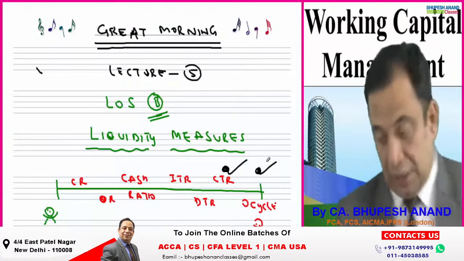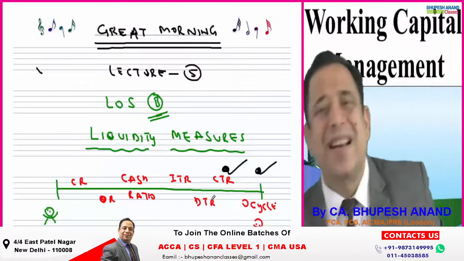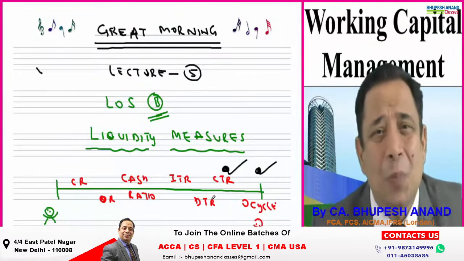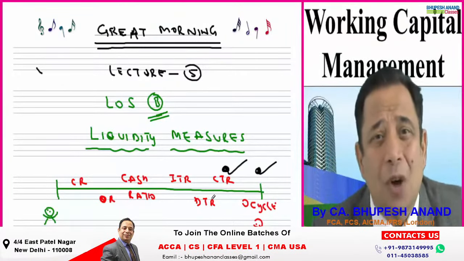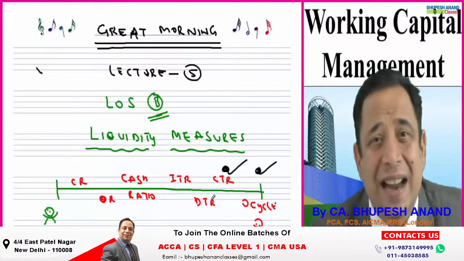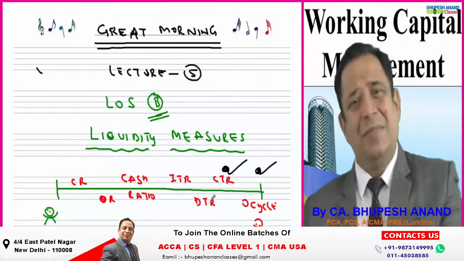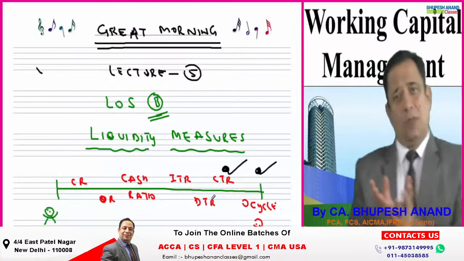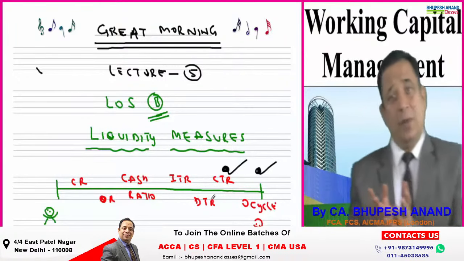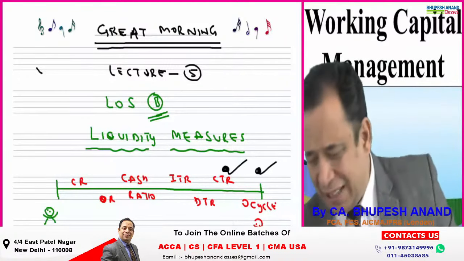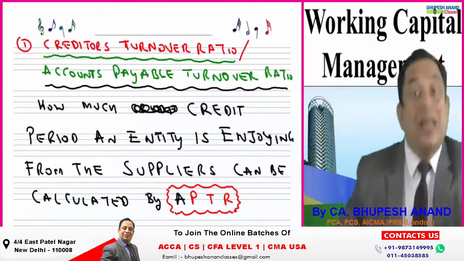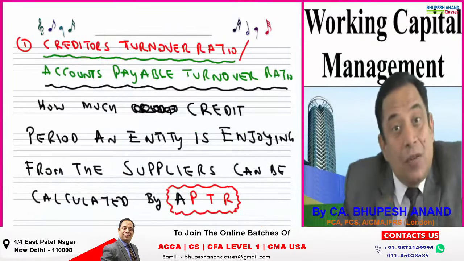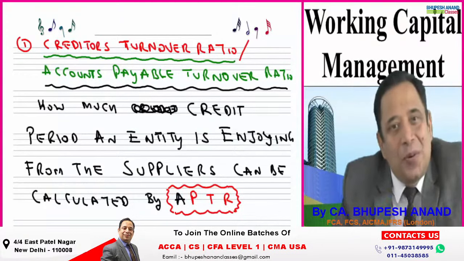We have covered all the earlier ones. So please write down, my dear friend. Please open your register. Last topic of corporate finance, last reading 38 and lecture number 5. I think it will take 3 or 4 more lectures, and this working capital management will be over. So please write down. First point is, what is the meaning of creditors turnover ratio or accounts payable ratio?